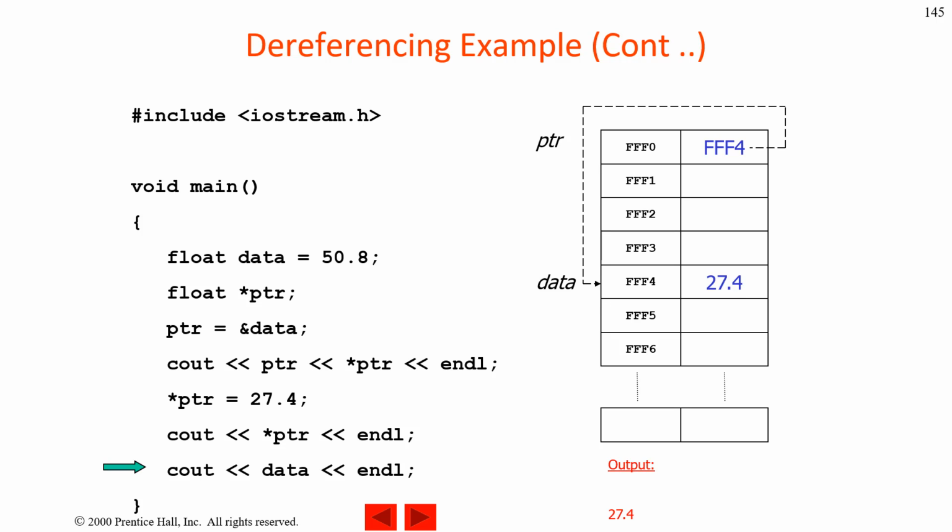27.4. So just to summarize this, cout data, this is going to give you 27.4, and just imagine everything here is in cout. Ampersand of data, this is going to give you FFF4. If you try to cout ptr, this is going to give you again FFF4.